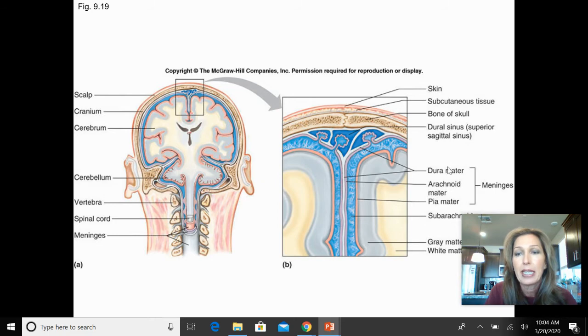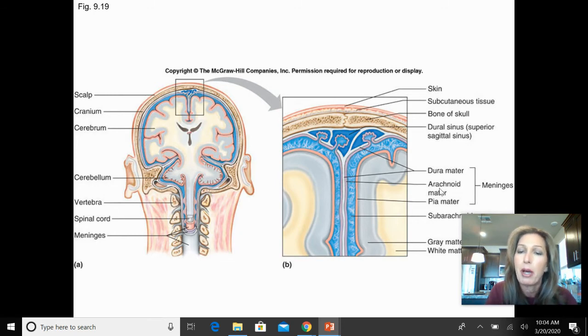Now, the 3 layers of the meninges that you have to know. If you kind of think about what meninges are, their job, I like to say that their job is to pad the brain and spinal cord. Because the 3 layers, we think of pad. The pia mater is the layer that is closest to the brain and spinal cord. That pia mater is actually a really fine, very fine connective tissue. It's kind of glassy and kind of glossy.